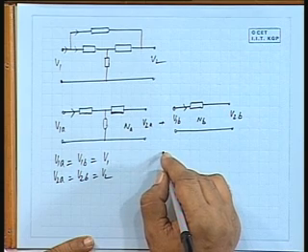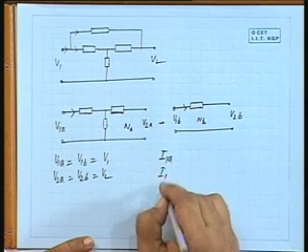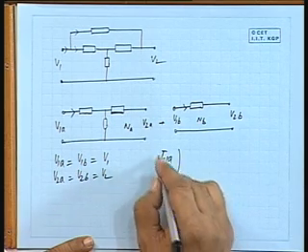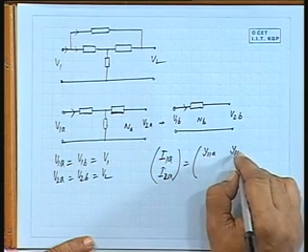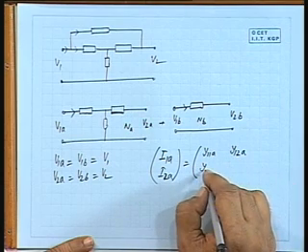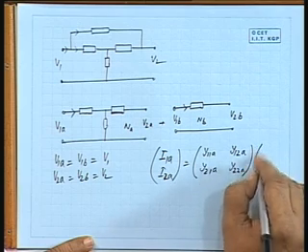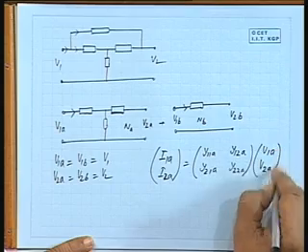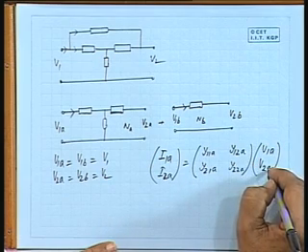So I1A, I2A can be written as Y11A, Y12A, Y21A and Y22A into V1A and V2A, which is nothing but V1 and V2.